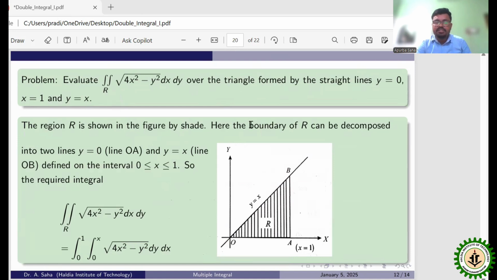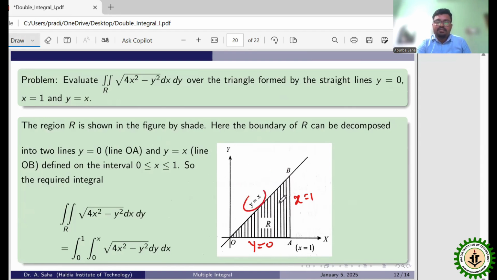How is it formed? See, this is your line y = 0, and this is your line x = 1, and this is your line y = x.